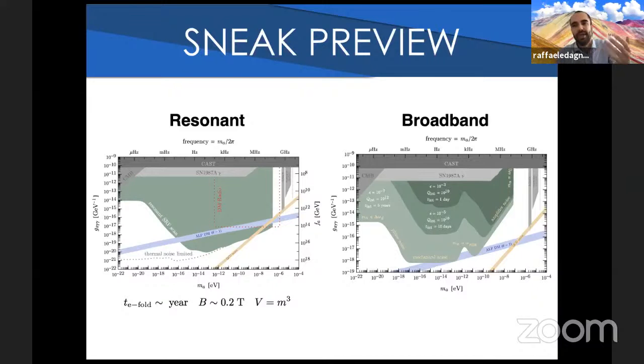The only problem is that if you want to build one cavity that gets to higher masses, then your sensitivity is great at low masses because the signal power goes like 1 over the frequency of the signal mode when the axion is very narrow. So this is the logic. Essentially, it's a trade-off between how much sensitivity you have at lower masses and at higher masses. So in principle, you can build two cavities if you have the money and be sensitive to both mass ranges.